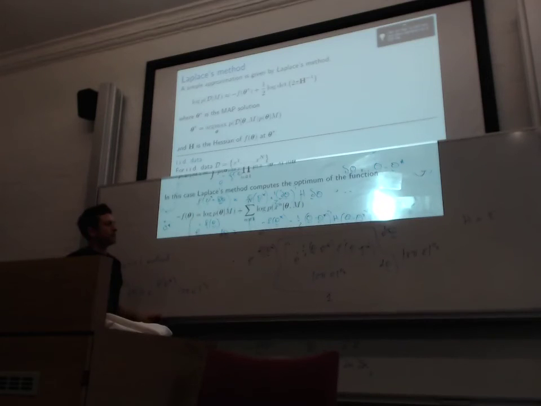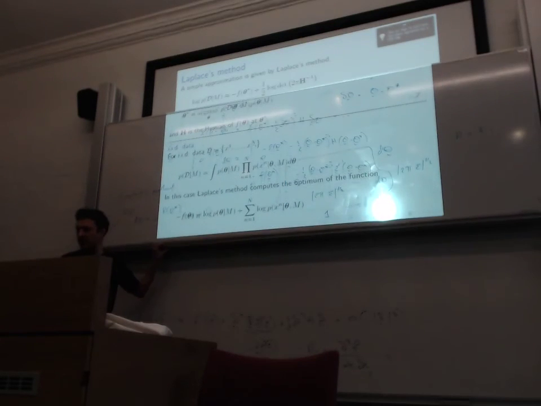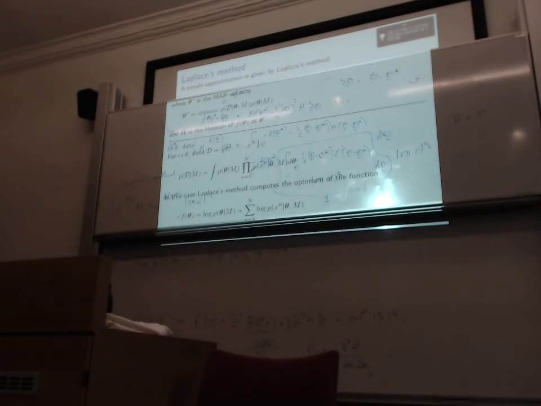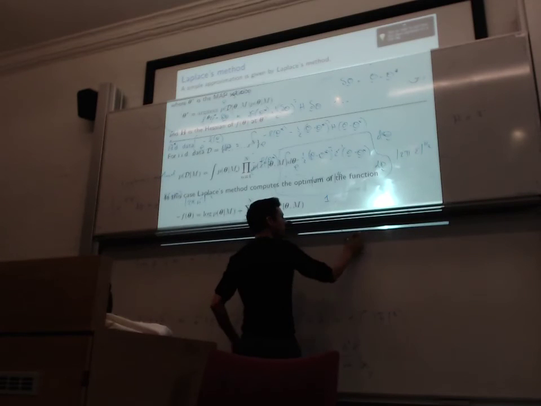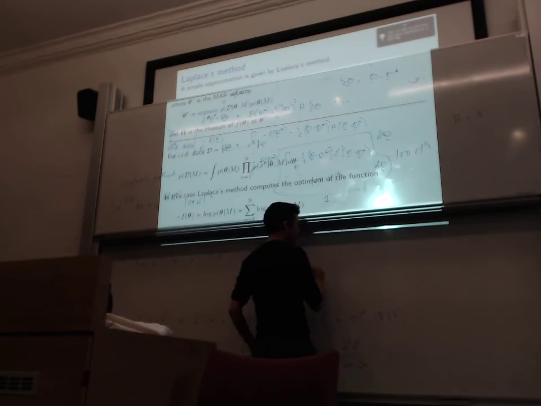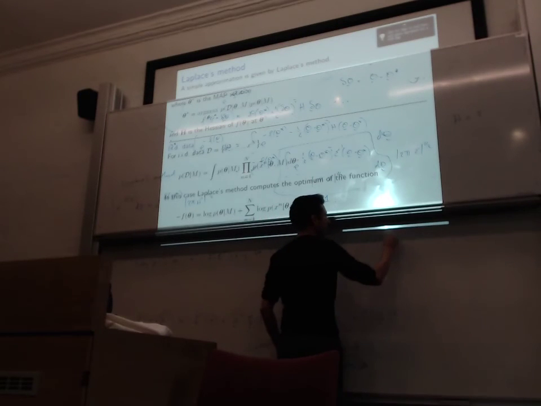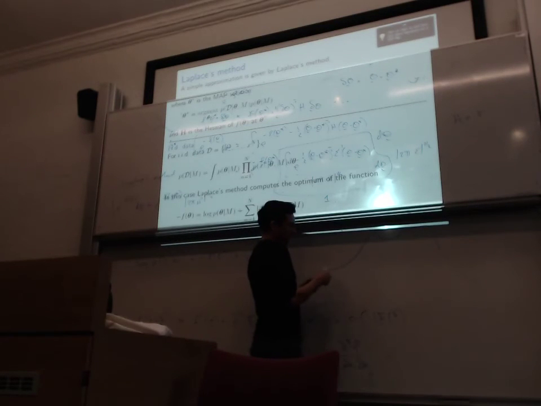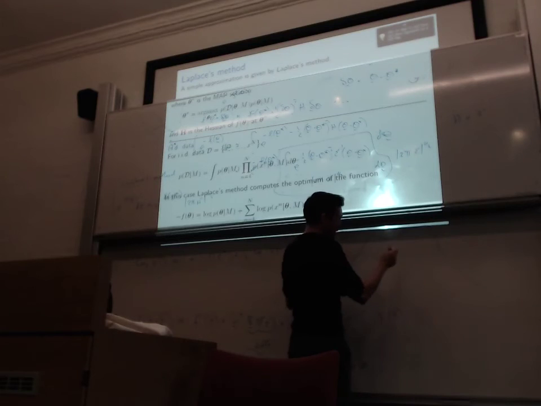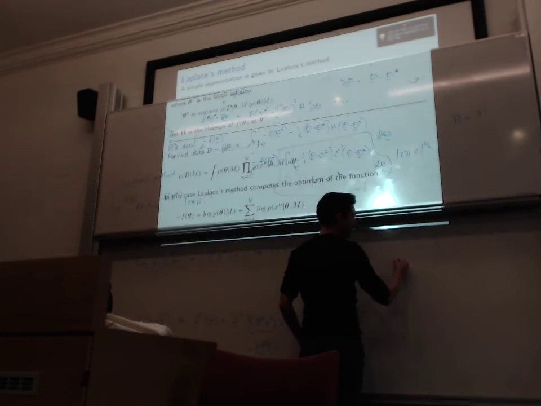Okay, so just looking at the geometric picture, bearing in mind, when will this thing work well? Well, we've got some kind of posterior distribution in theta. We're basically going to be taking a point here and then expanding around that point.